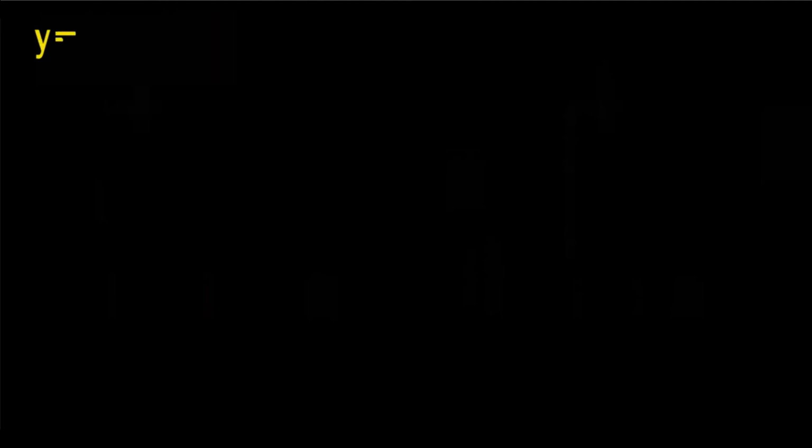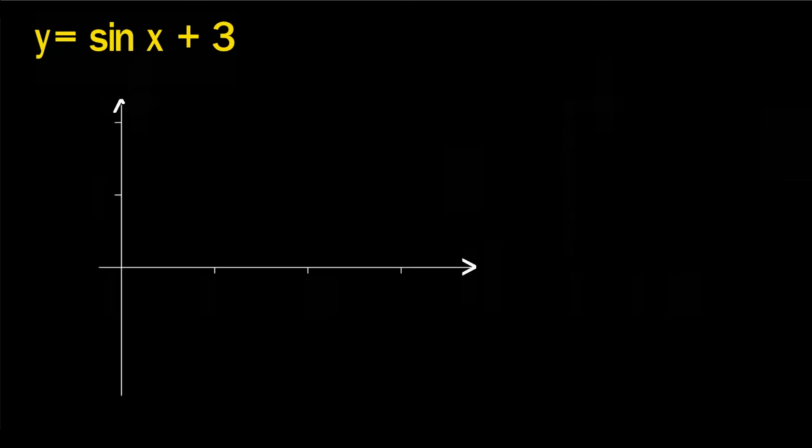So let's try some more examples. Now let's say we have y equal to sine x plus 3. Similarly, we draw out the original graph first. We know that sine x looks like an S-curve.